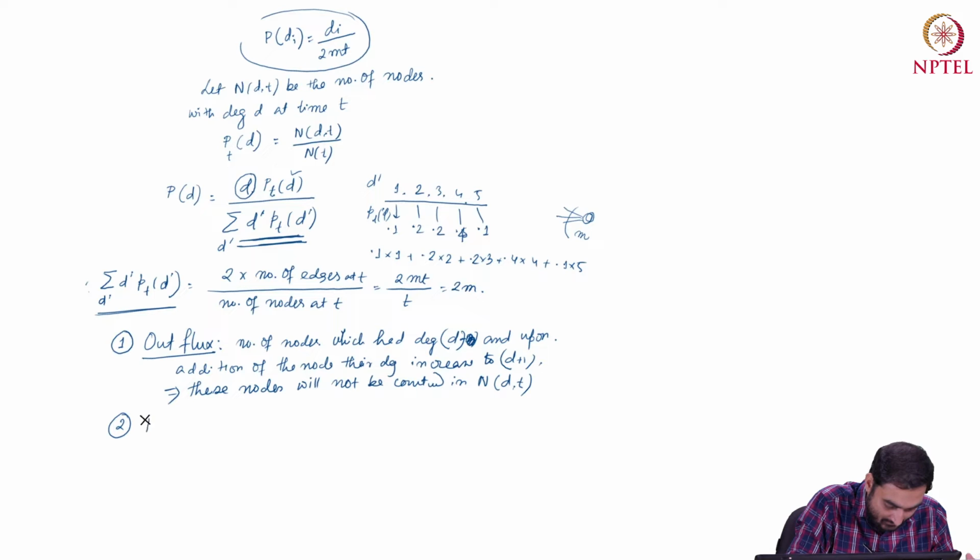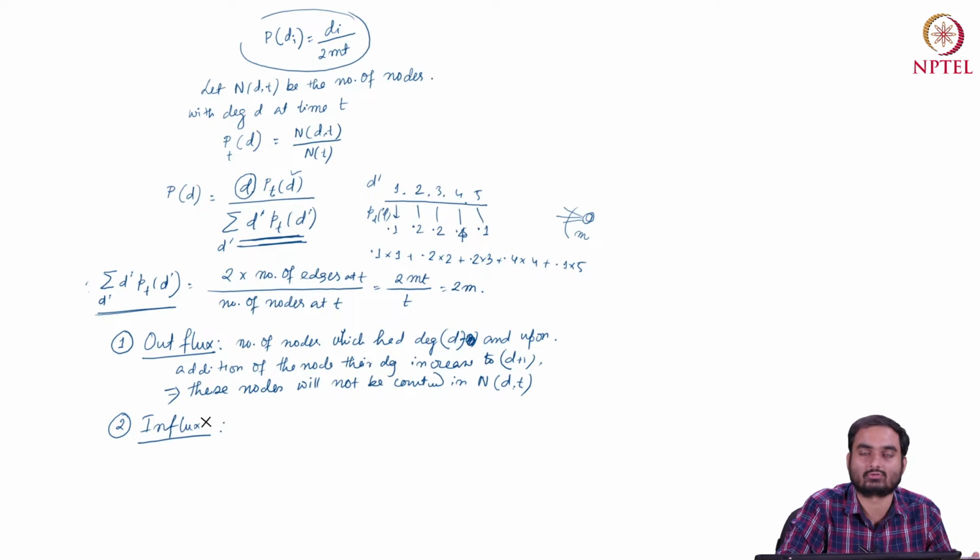Now similarly we have influx. Influx constitutes those nodes whose earlier degree was d minus 1, and due to the addition of this new node, their degree will become d.